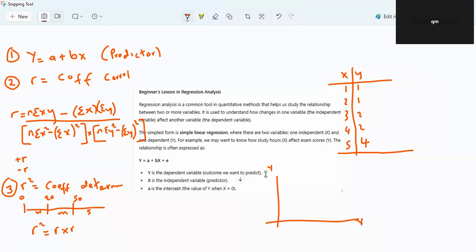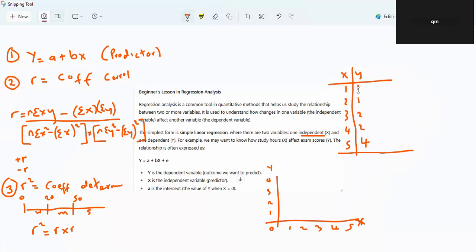The simplest form of linear regression is where we are dealing with two variables. The independent variable is what we call x. The dependent variable is what we call y, the result. So the sales depend on the advertising. Here we have 0, 1, 2, 3, 4, and 5, and here we have 1, 2, 3, 4, and 5.